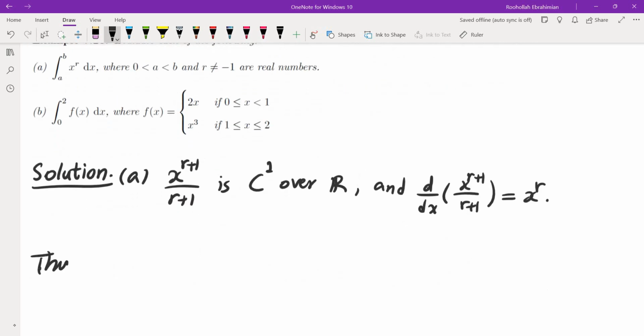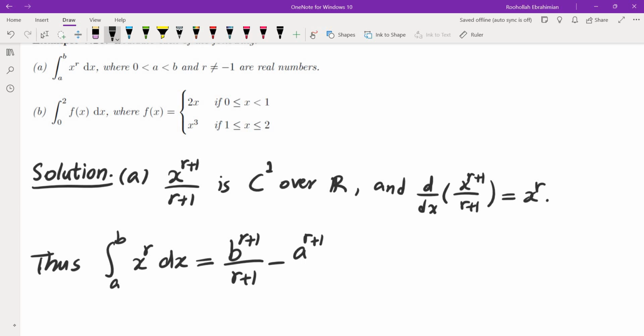So the integral from a to b of x to the r is going to be, you evaluate this function at b, b to the r plus 1 over r plus 1, and then subtract the value of this function at a. So that is b to the r plus 1 minus a to the r plus 1 over r plus 1.